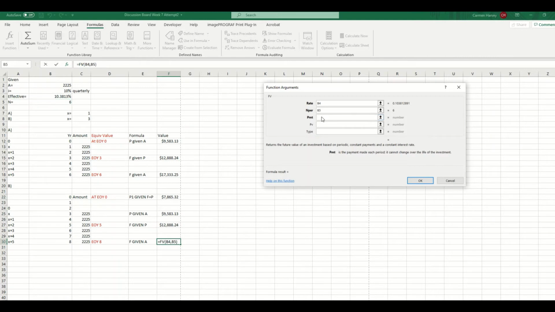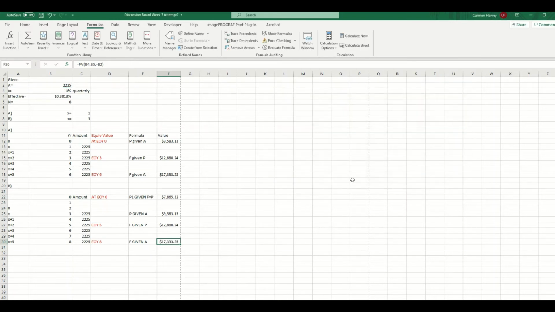Click up here, and our payments are negative. Okay, so this is how you work both of these problems.